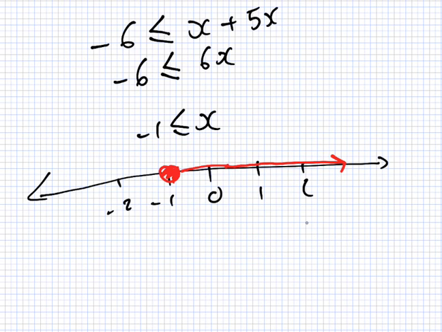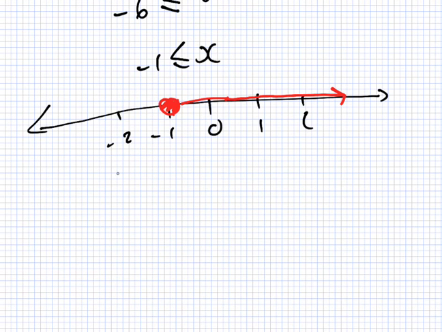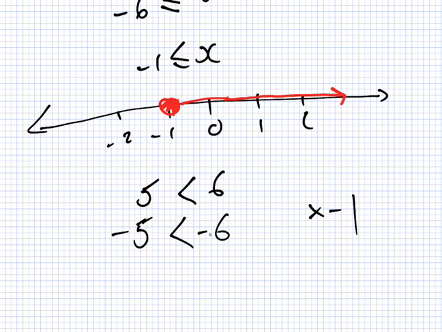If I scroll down now. So suppose I have 5 is smaller than 6. And now I multiply both sides by minus 1. Is minus 5 smaller than minus 6? No. Minus 6 is smaller. So this is the exception.